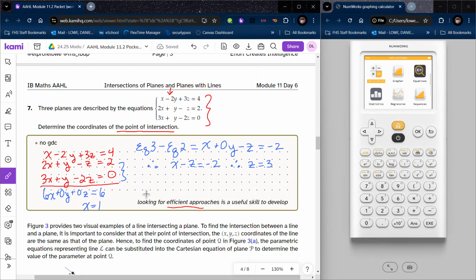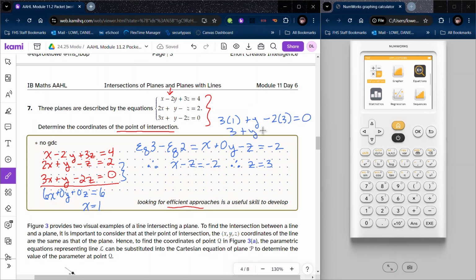All right, and so now I know my value for x and my value for z, and I can use any equation to determine the value of y. So 3 times 1 plus y minus 2 times 3 must be equal to 0.